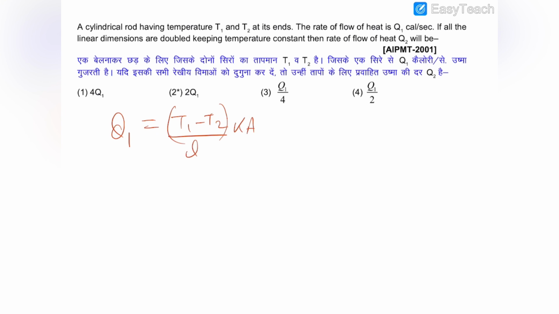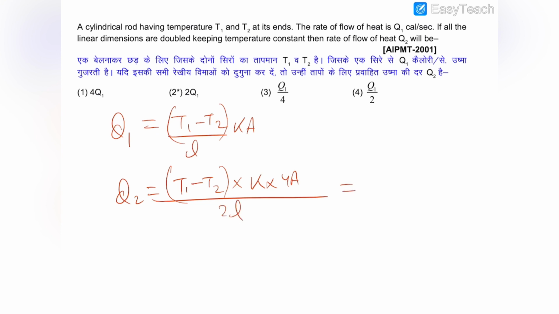Now if we double the linear dimensions, then this area will be quadrupled, which is 4 times. So it is (T1 minus T2) into K into 4A divided by 2L, since the length is doubled. So you can see that this is twice of Q1. So the correct answer will be option number second.